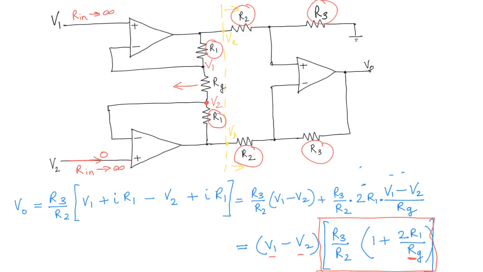So the instrumentation amplifier kind of builds on the differential amplifier, and it does two things. One, it gives us an infinite input impedance at both the inputs, and secondly, it makes sure that we can change the gain G by changing RG. That's only one resistor.